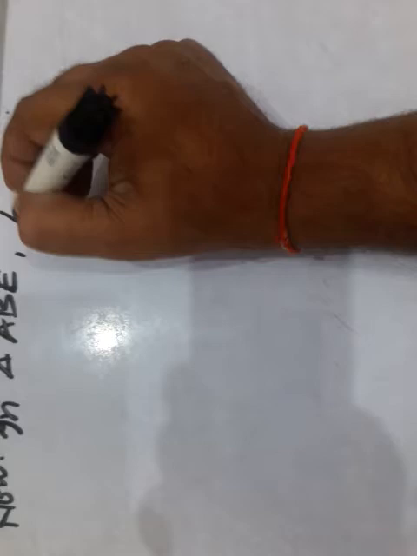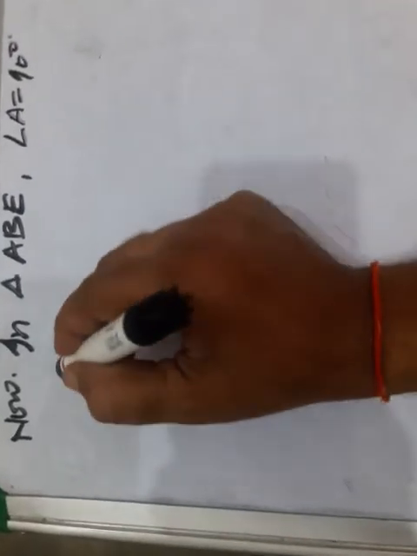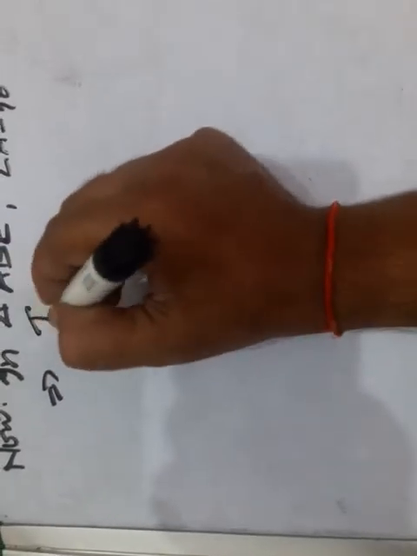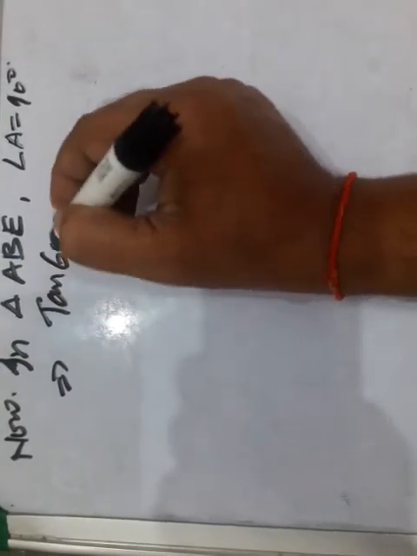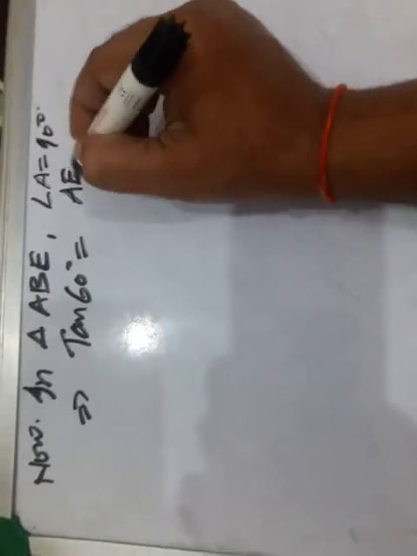Angle A equal to 90 degrees. This implies that tan 60 degrees equals perpendicular upon base, that is AE upon AB.